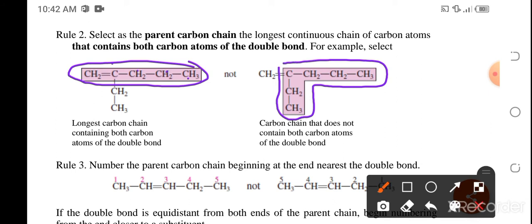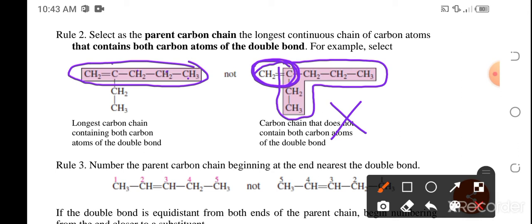It has 6 carbon atoms. However, this is not accepted because the carbon-to-carbon double bond is not included in the longest chain. Remember, dalawang requirement natin in choosing the parent chain. The longest and at the same time bears the double bond.